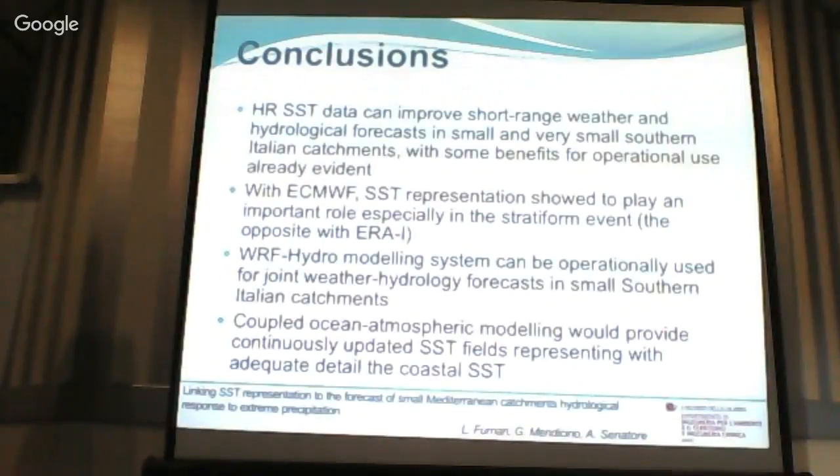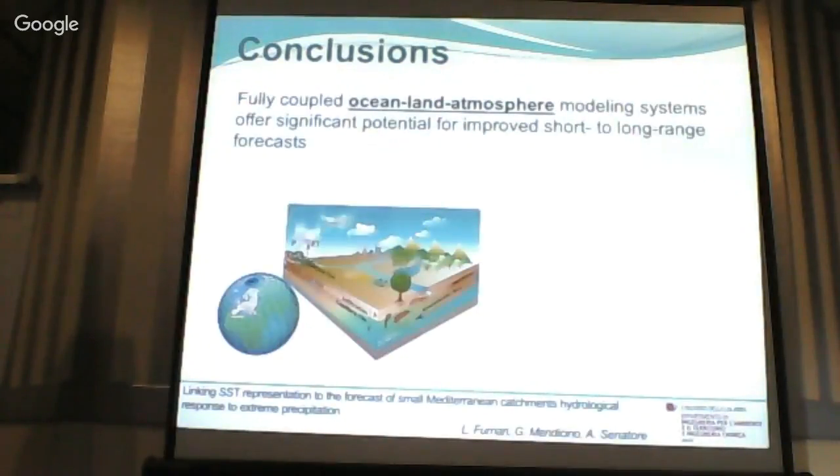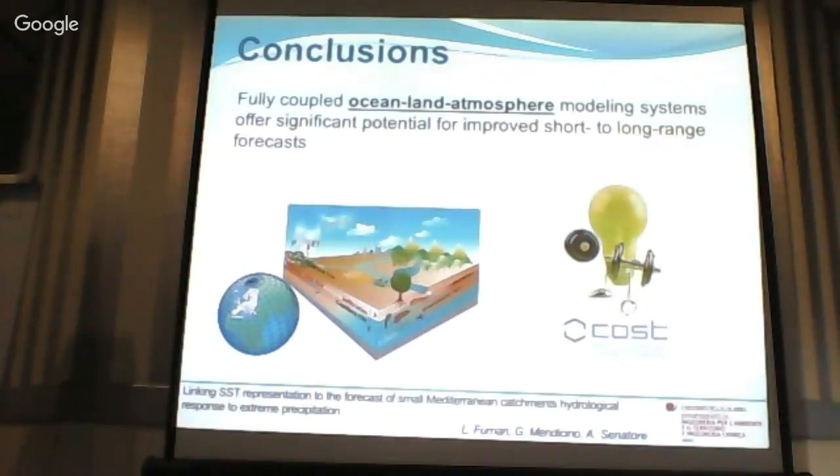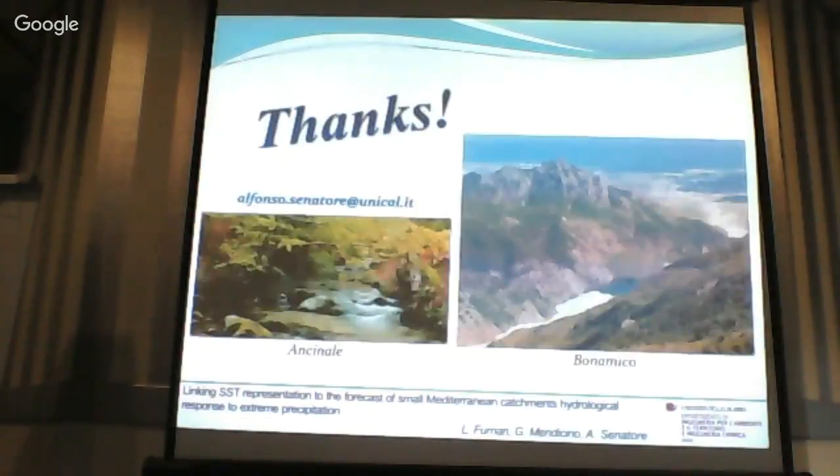And the last one, sorry, is that what we are looking forward to is a fully coupled ocean and atmosphere modeling system that can be used also operationally. And it's for this that we have prepared the proposal for creating a network of researchers and the users of these models, but we talk about this later. Okay, thank you.